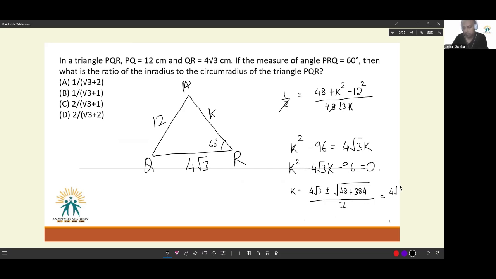So this will turn to 4 root 3 plus minus, 432 is 144 into 3, so 12 root 3, by 2.